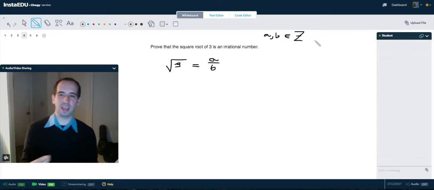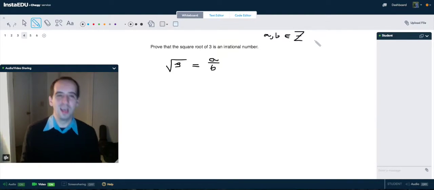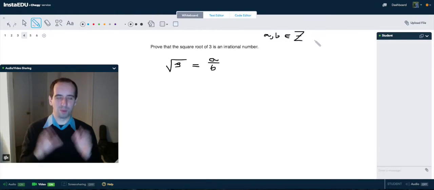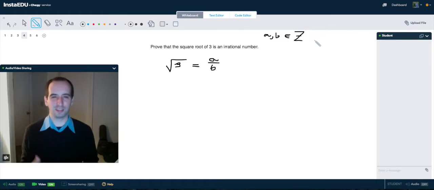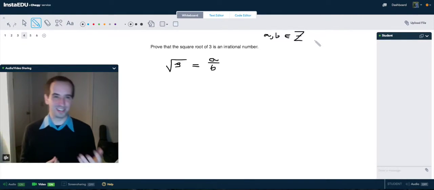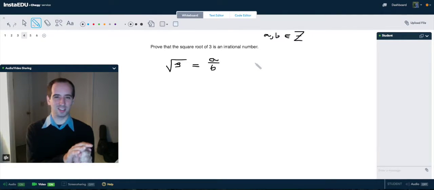In other words, a can't equal something like 1.2, b can't equal 3.175. They've both got to be integers. You know, -2, 0, 38, 1, 2. So the first thing is they both have to be integers.